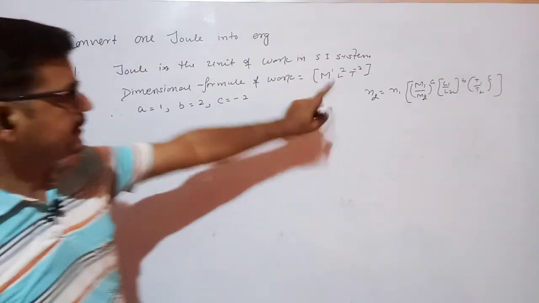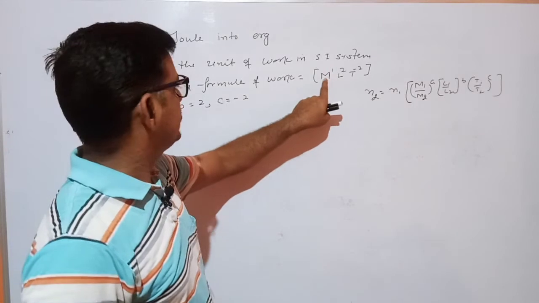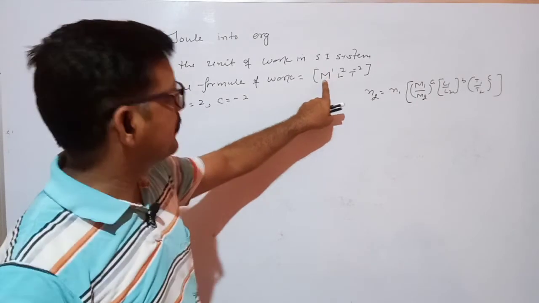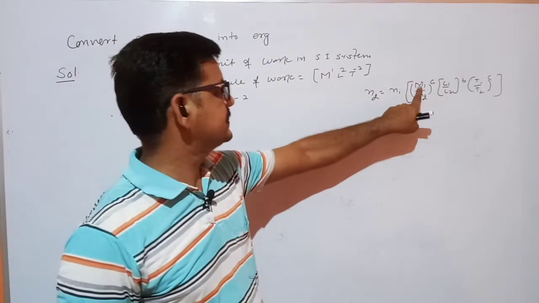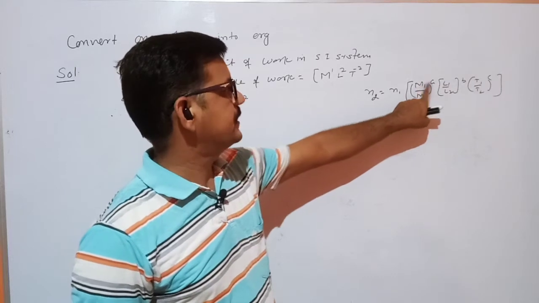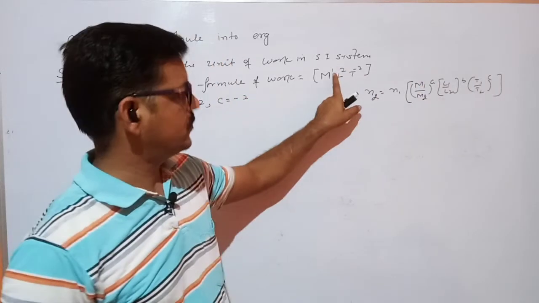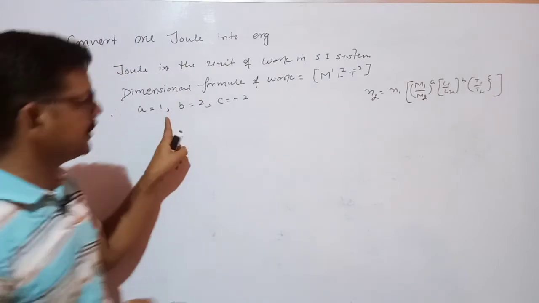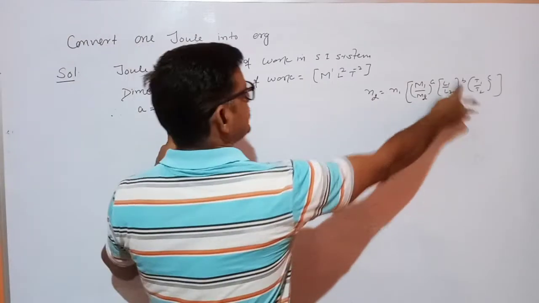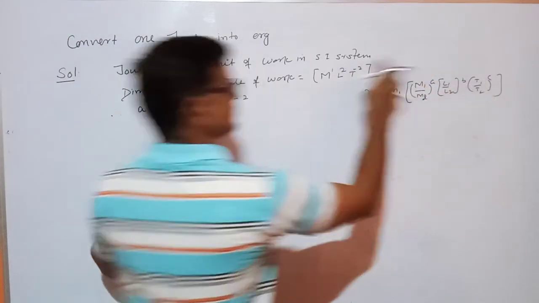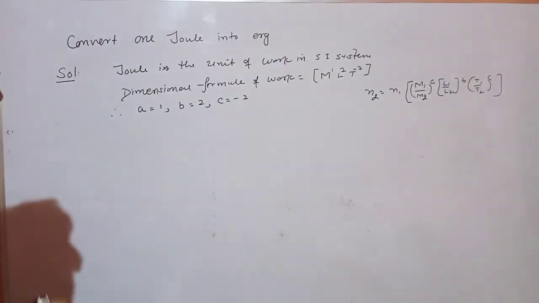So if you compare the dimensional formula of work with this formula, you can see the power of mass here a and here it is 1. So a is equal to 1. Similarly, b is equal to 2 and c is equal to minus 2.